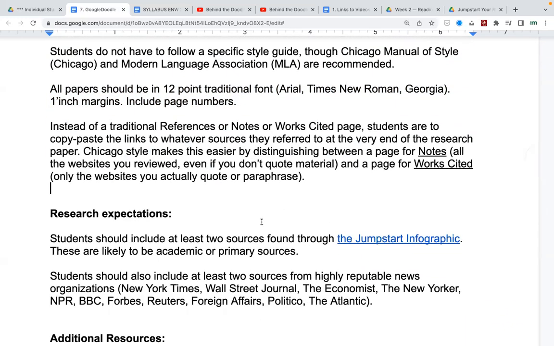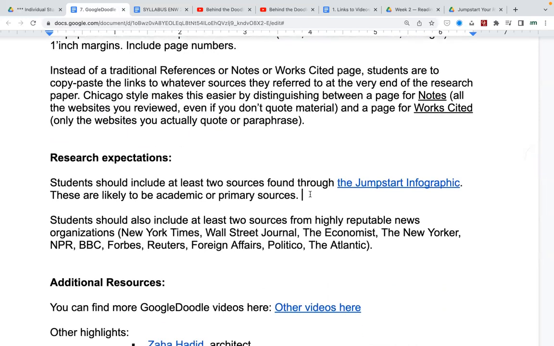Okay. As far as research expectations, please include at least 2 sources that are academic sources or primary sources. An academic source could be, let's see, the Journal of Sociology, something that is peer reviewed. A primary source might be the 1930 census or some kind of government document.